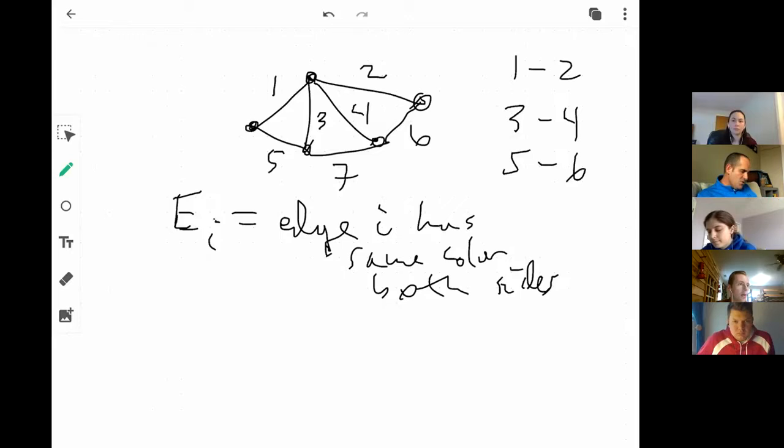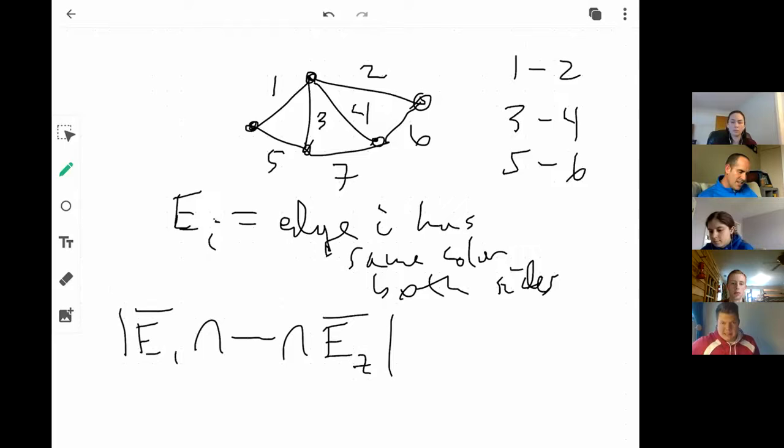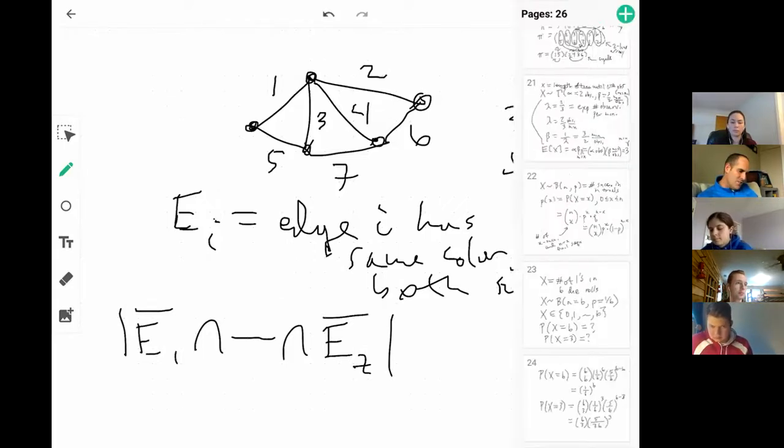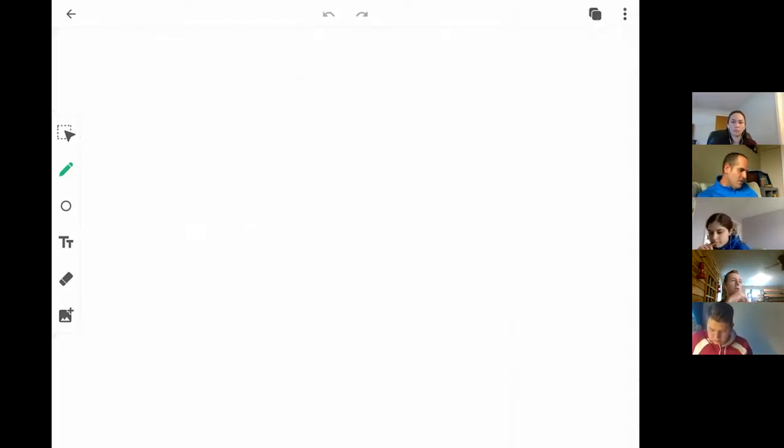Great. So what do we want? Don't we want the size of not E1 and all the way up through not E7? Yes. So then what's the size of the universe here?